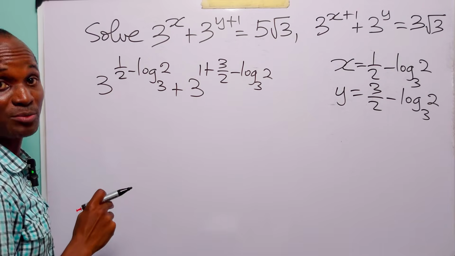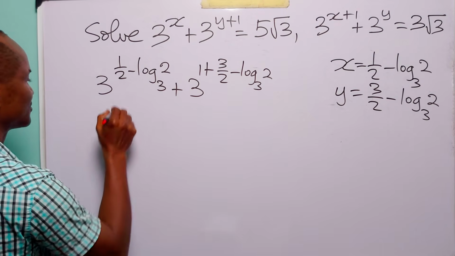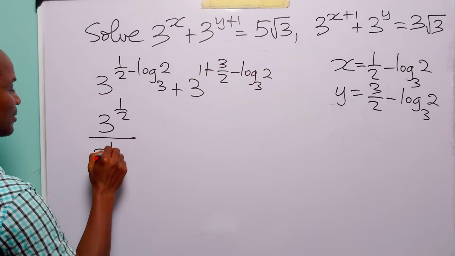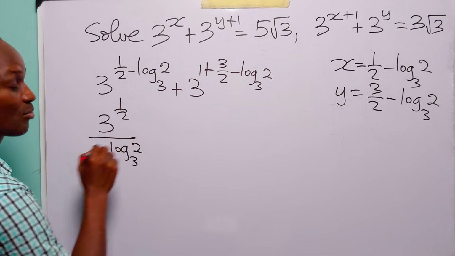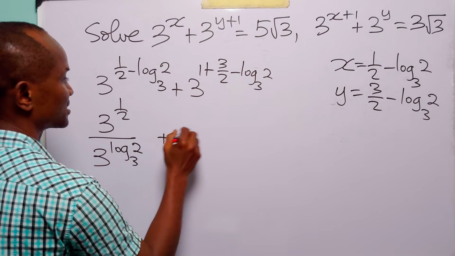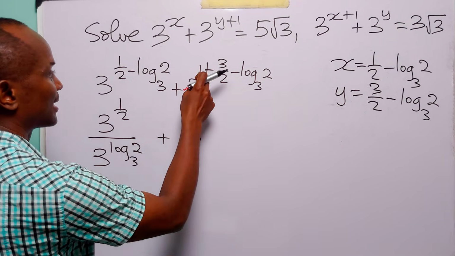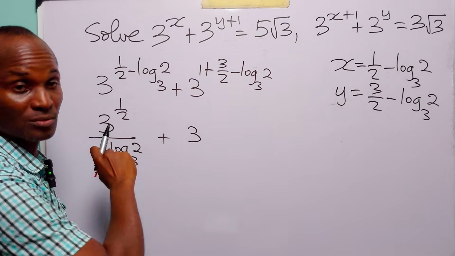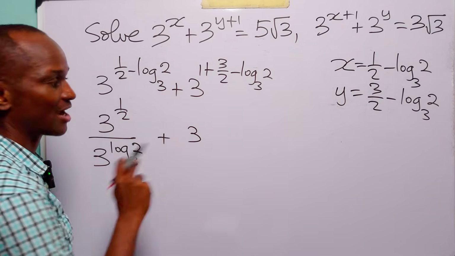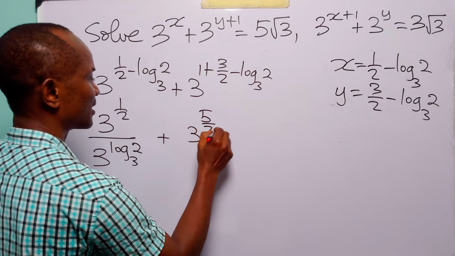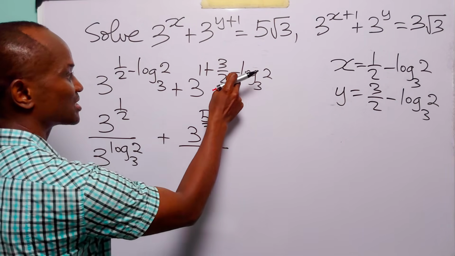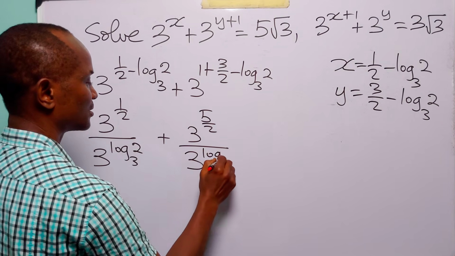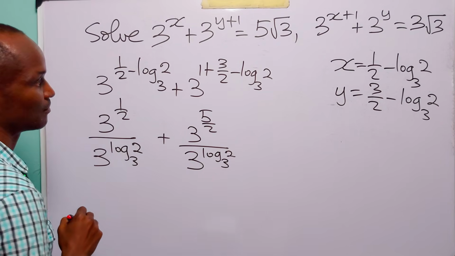Now, because of this subtraction, we can write this as 3 to the power half divided by 3 to the power log to base 3 of 2 plus 3 to the power now 1 plus 3 over 2. 2 times 1 is 2 plus 3, that is 5. So we have 5 over 2 divided by, once more because of this subtraction, 3 to the power log to base 3 of 2.